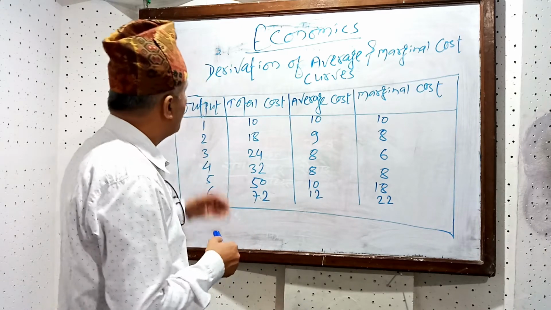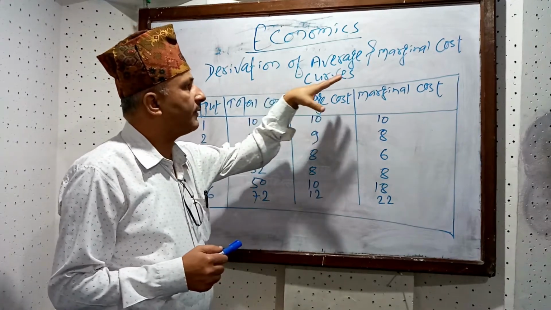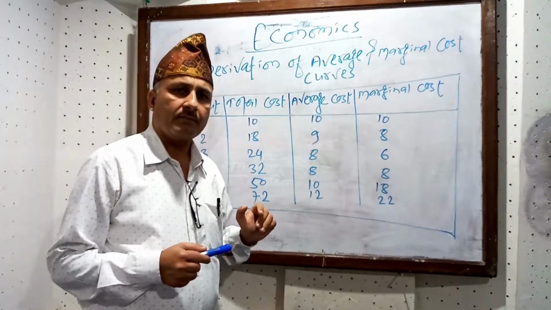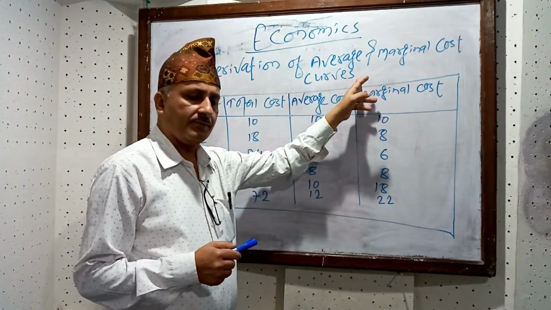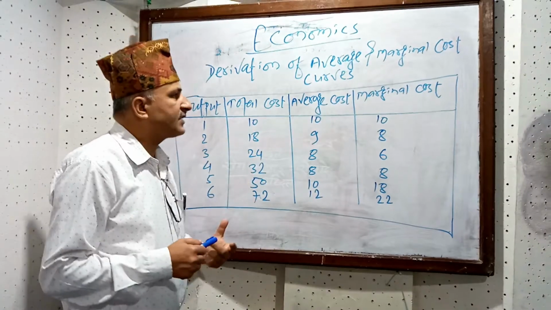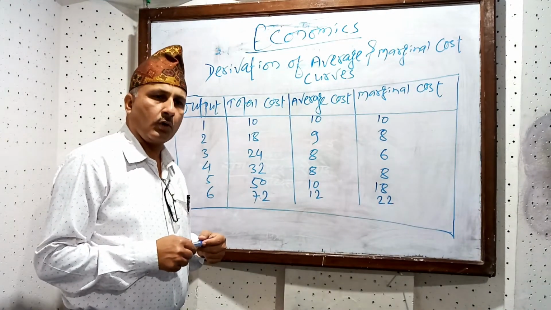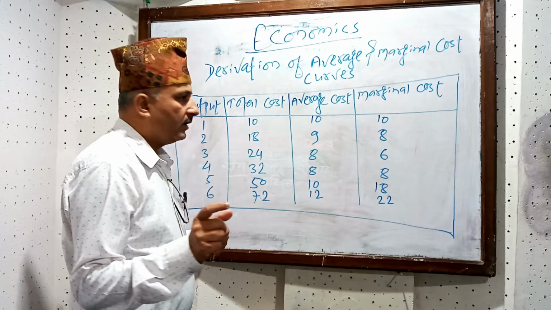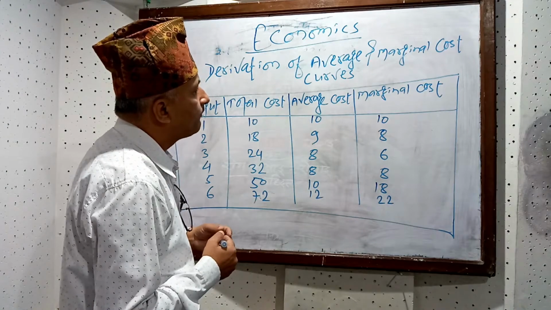At the heading of the schedule, write: derivation of average and marginal cost curves. This is the heading of the schedule or table. This schedule has been divided into 4 columns. So be ready, use your pencil and your scale.